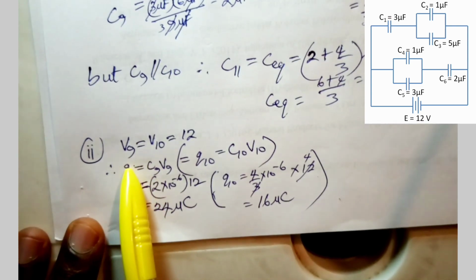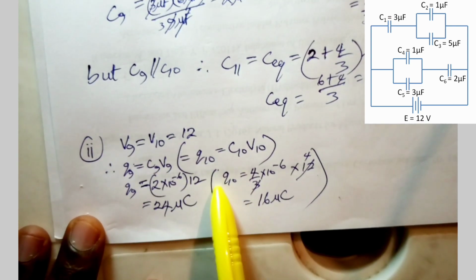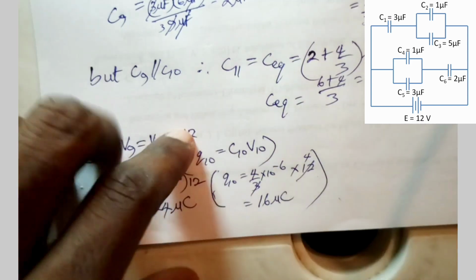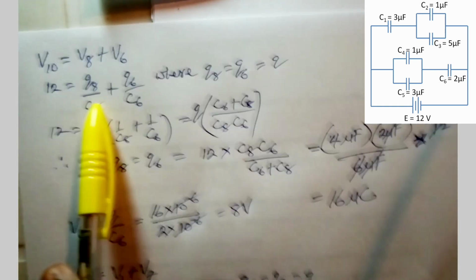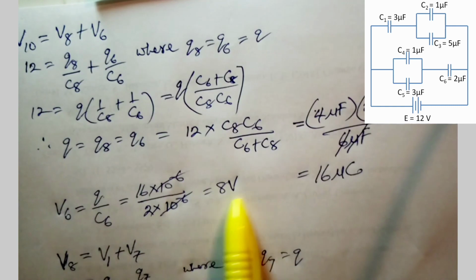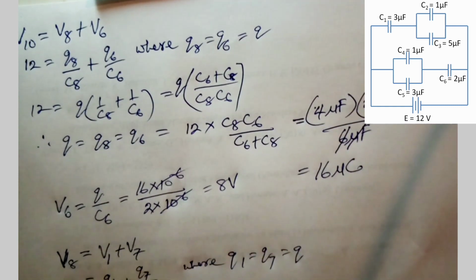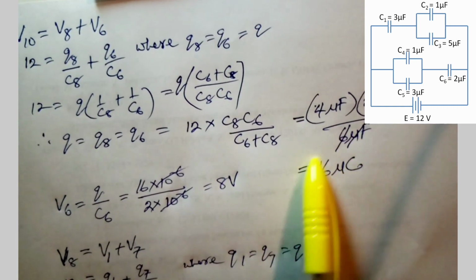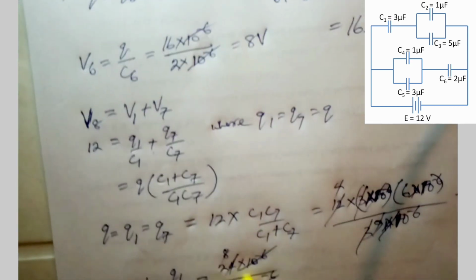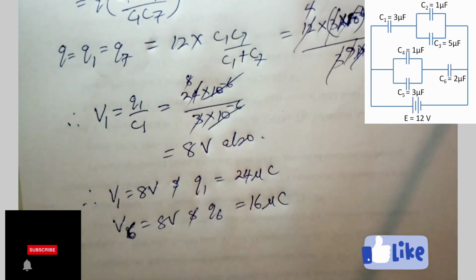You trace your steps back to get the voltage across each capacitor, and by so doing you will systematically walk towards what you are asked to do. That is exactly what we did, knowing that microfarad is 10 raised to the power minus 6, and you walk back and finally arrive at the answer.